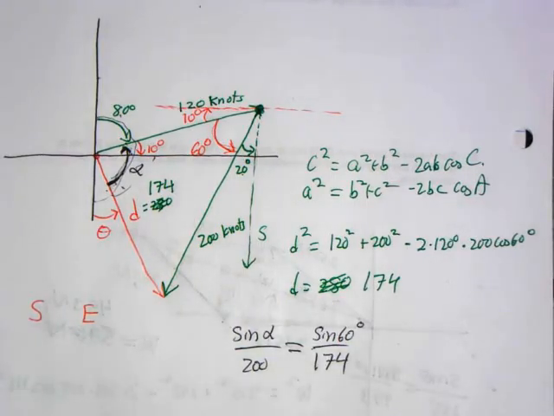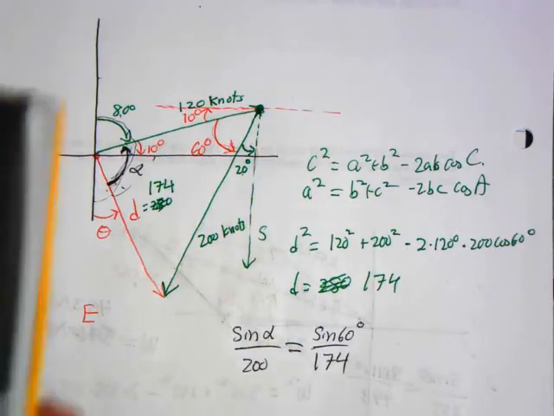All right, let's see if I can do this one right. 200 sine 60 divided by 174. Then I do the sine inverse. I get alpha is 84.5 degrees.